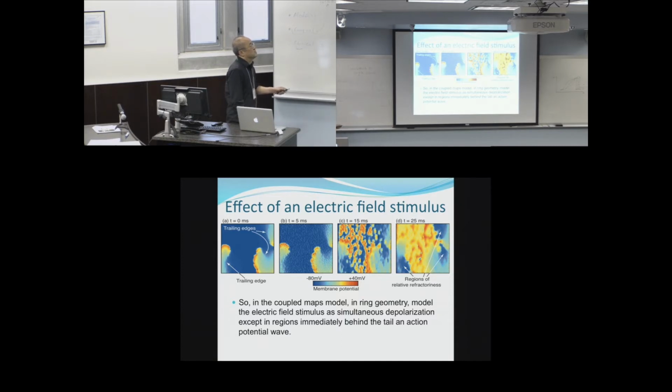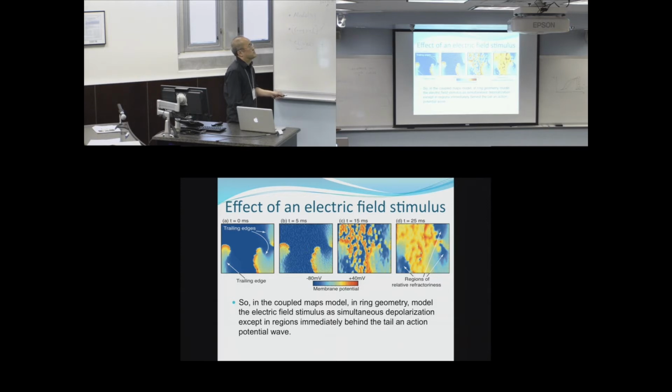But one of the assumptions we're making here is that we're using low energy shocks, so it doesn't depolarize everything. If it depolarized everything, of course, you'd wipe out all the waves. Since we're using low energy shocks, I'm assuming that you don't depolarize everything, and instead you have regions immediately behind the existing waves that are in the relatively refractory regime. So when you apply the low energy shock, it doesn't depolarize those.